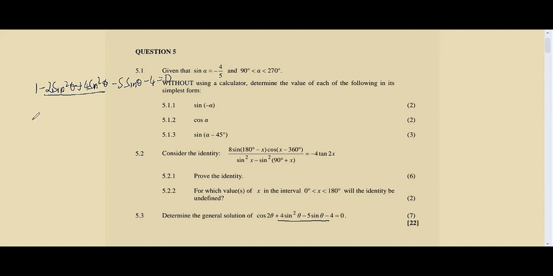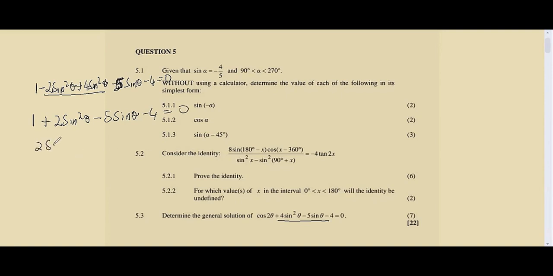So I have 1 plus 2 sine squared theta. So negative 2 plus 4, it's positive 2. Then minus 5 sine theta minus 4. So let me fix my 5 here. It looks like an S. So, okay. Then equal to 0.